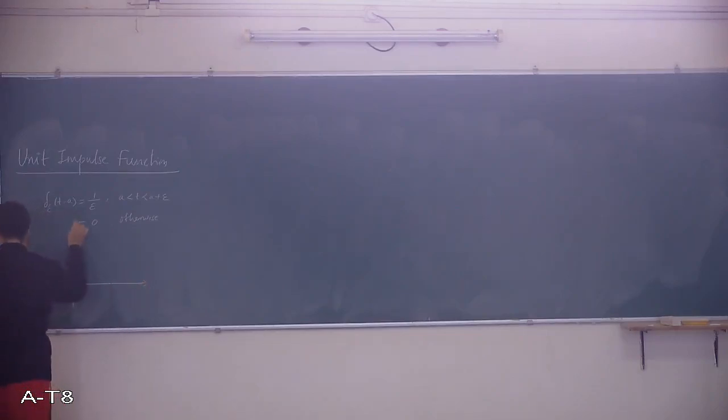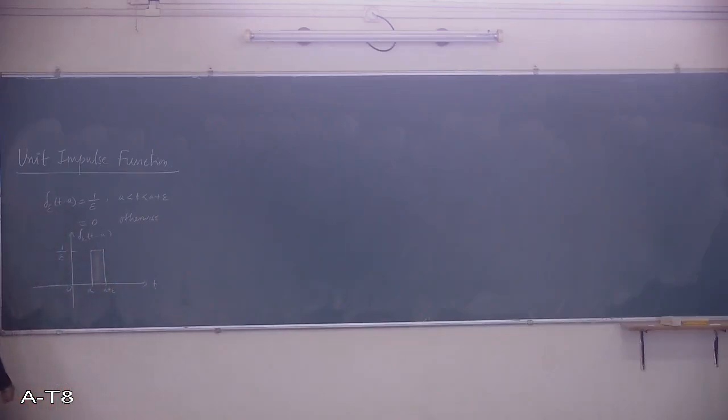This is t, this is delta epsilon t minus a. So here it is 1 upon epsilon, then this is 0. Here it is a, and this will be a plus epsilon.